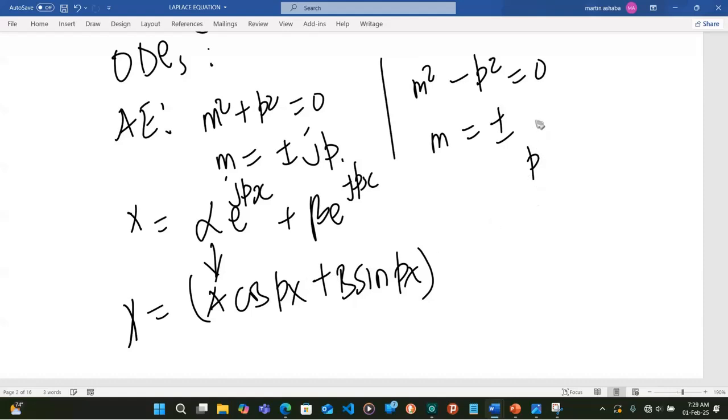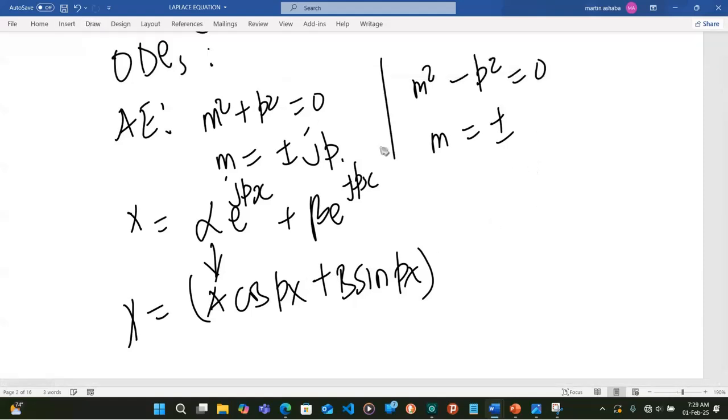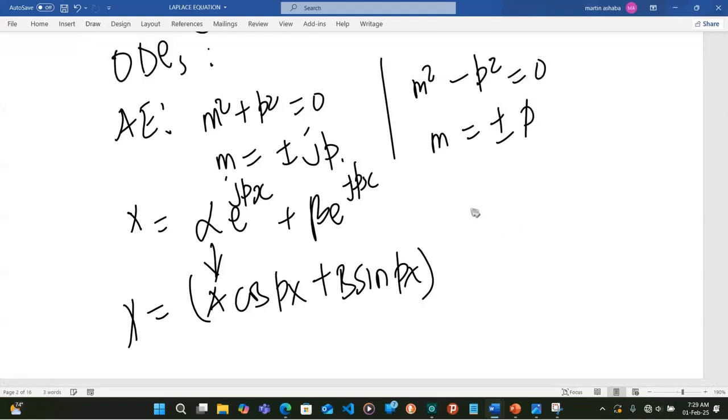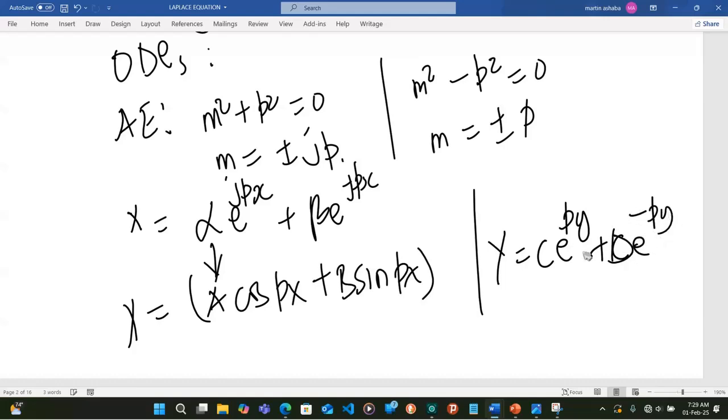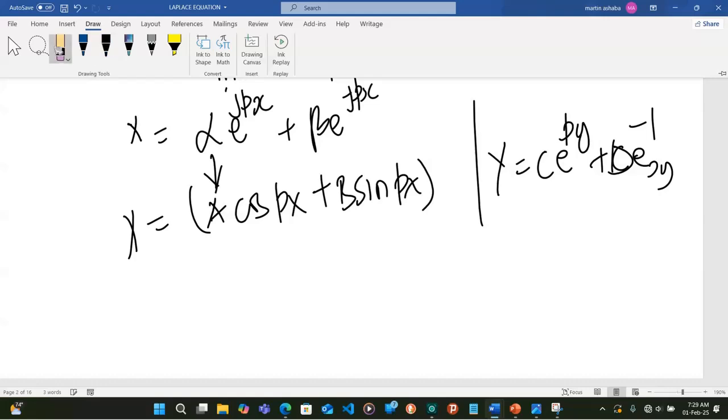And then for the y side, this y is going to be c exponential of py plus d exponential of negative py. C and d are just arbitrary constants, and we are not getting them from anywhere.